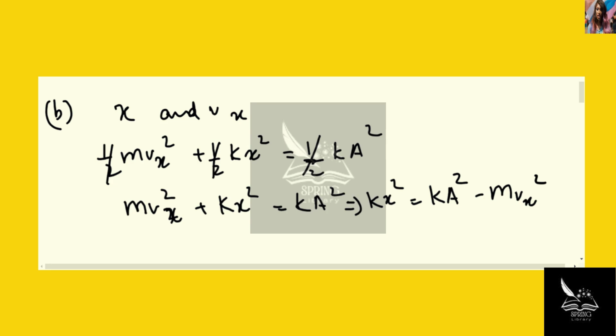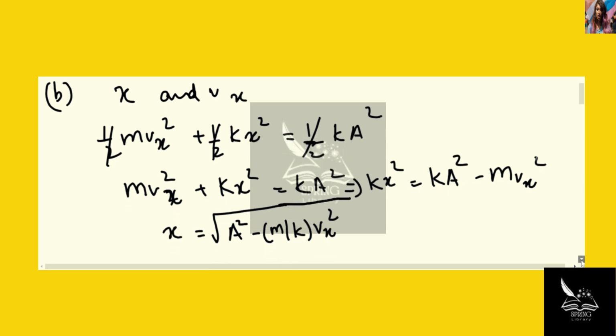So from here we can get x equal to √(A² − (m/k)vx²). Okay, so we have got this equation.